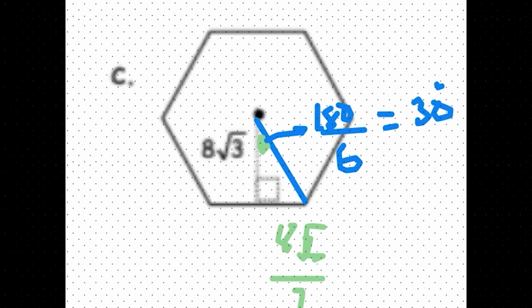This side is 8. Okay, so I got the answer, 384. So half into 8 root 3 into basically the perimeter. So 16 root 3 times 6. So 96 root 3 over 3.